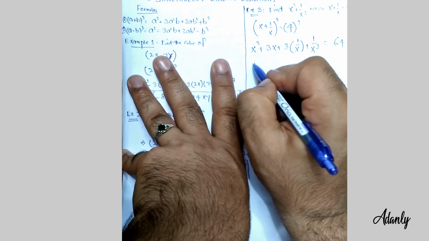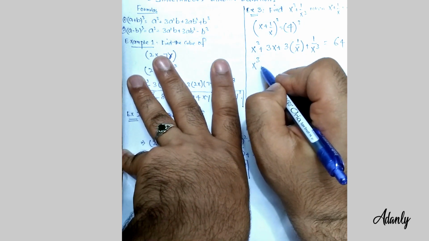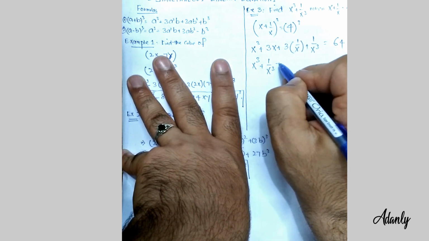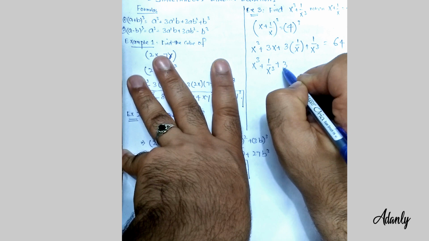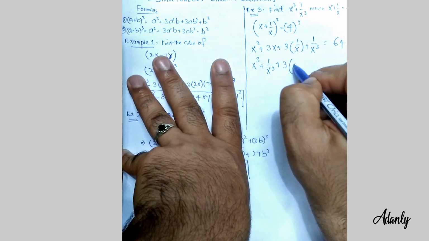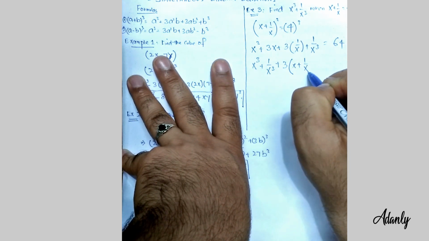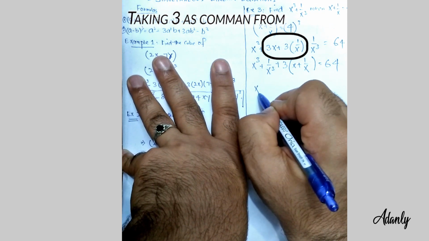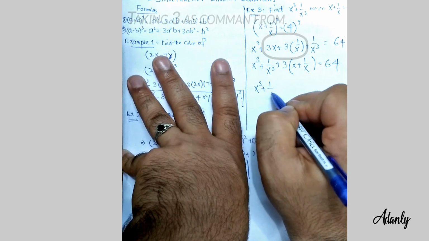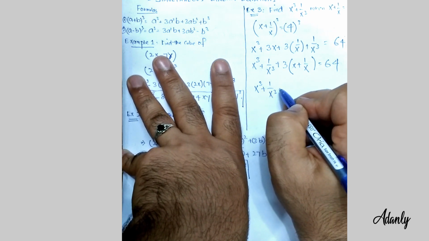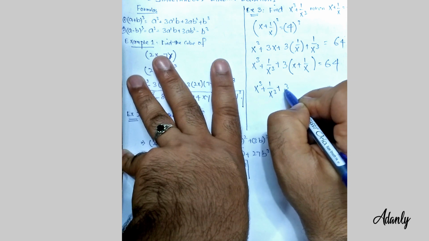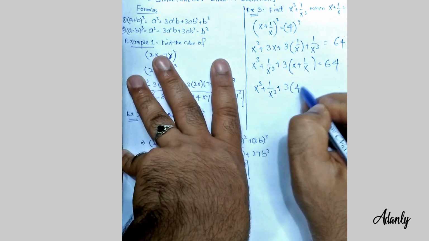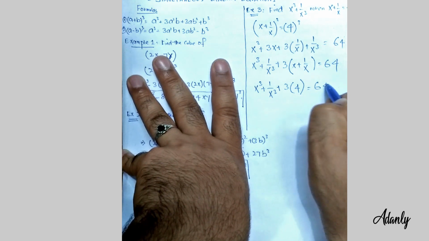Alright, now we can rearrange the given expression: x cube plus 1 over x cube plus 3 times (x plus 1 over x) equals 64. Now we can write it again, x cube plus 1 over x cube plus 3, and in place of x plus 1 over x we can write 4, equals 64.